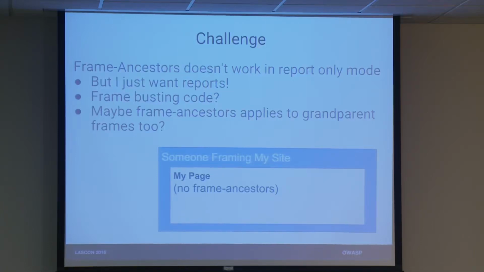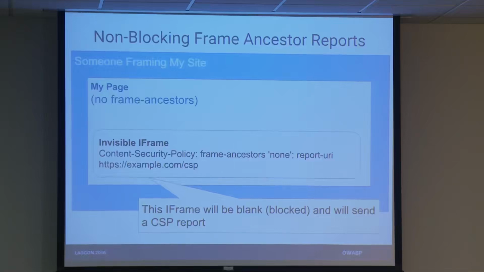And frame ancestors applies to grandparents and great-grandparent frames, which it does. So if we add an invisible iframe inside our site, which has a CSP header with frame ancestors and report-only, that invisible iframe might get blocked, but the report will still be sent. So our page will still function normally, and we'll be able to tell which sites are framing us.